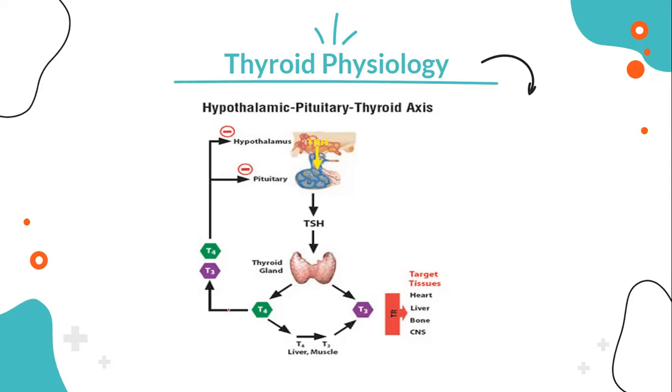Its concentration levels increase in the bloodstream, and these increased concentrations of the hormones are sensed by these two structures, the hypothalamus and the pituitary gland, and it's like a break. They make them stop producing the first hormone, the TRH.